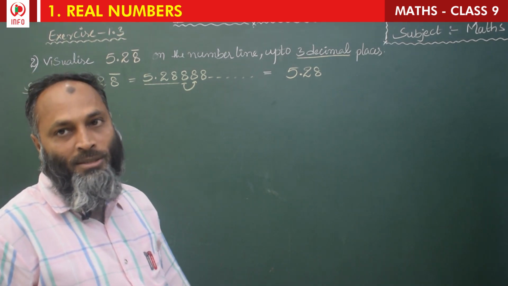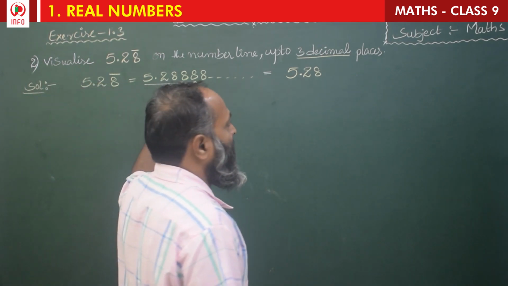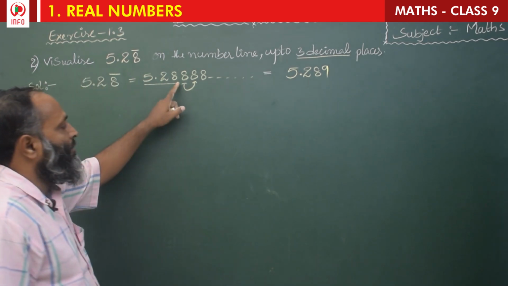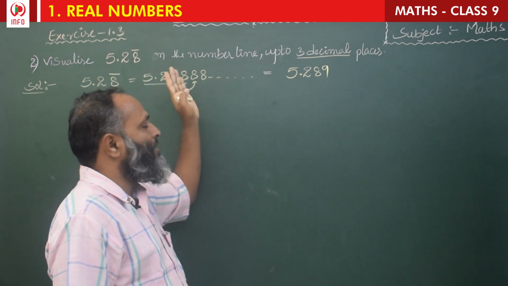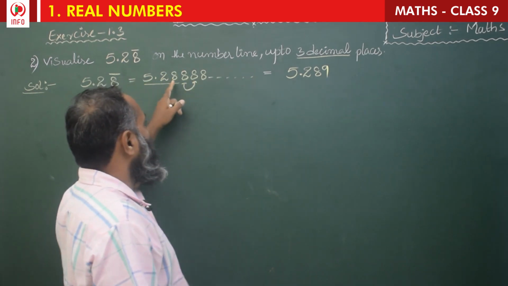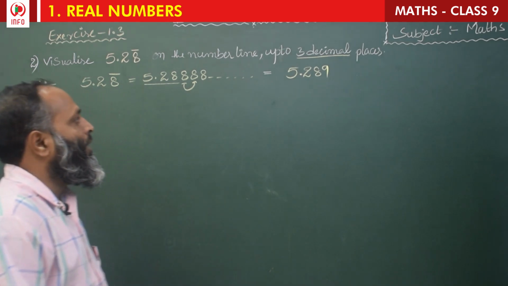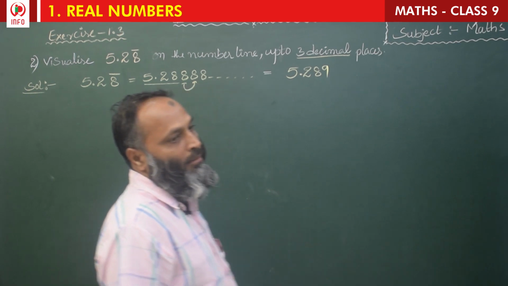If the fourth place is 5 or more than 5, we should increase by 1, so here 8 is there, we should take 9. Whatever is there in the third place, we increase by 1. Now that means we should visualize 5.289 on the number line.